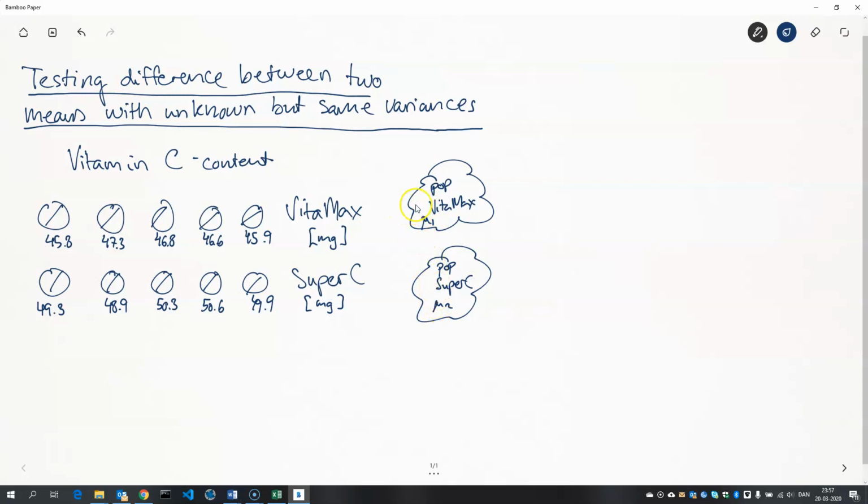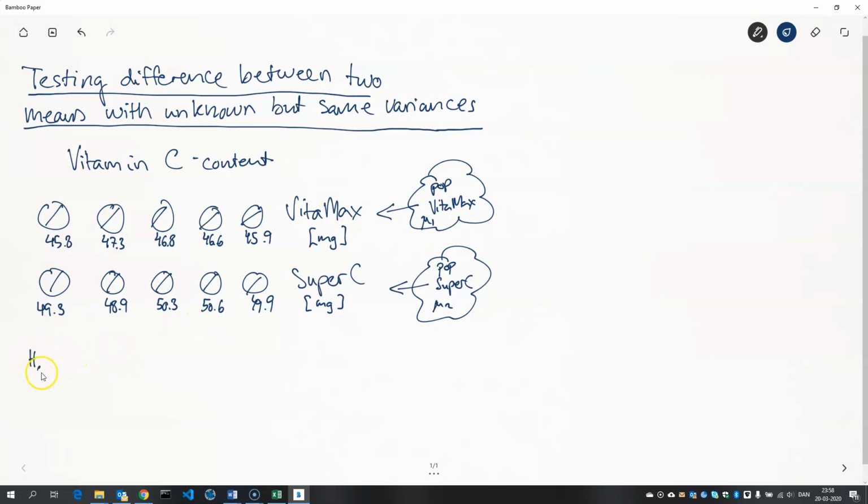In order to do that, we've taken a sample from each population. In each case, the sample consists of 5 pills that we've measured the vitamin C content of. And then we want to use this data to make a statement about the difference between the two means of the populations.